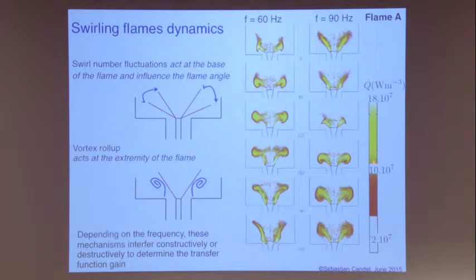You have 18, 10 to the 7 watts per cubic meter for these rather high values here. And so this gives a scale of the heat release, and you can actually use that to see if the calculations can do that.